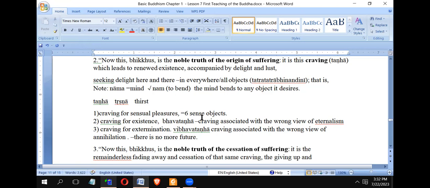Normally we're talking about five: sound, physical form, smell, taste, and tangible, plus one mental. But the five sense objects come first, because that's the place. After you get the five sense objects, then the mind thinks about them, and then it comes to the mind level. But the one we have is a physical object.